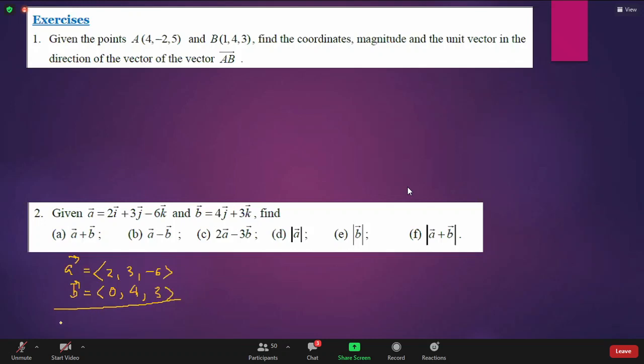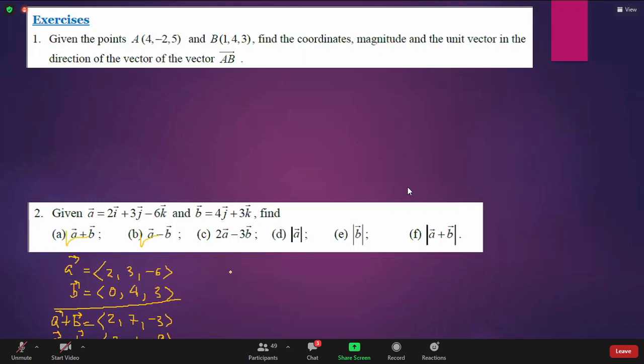Now, A plus B will be 2, 7, and minus 3. A minus B: 2 minus 0 is 2, 3 minus 4 is minus 1, and minus 6 minus 3 is minus 9. Okay, this is finished, and this is finished.